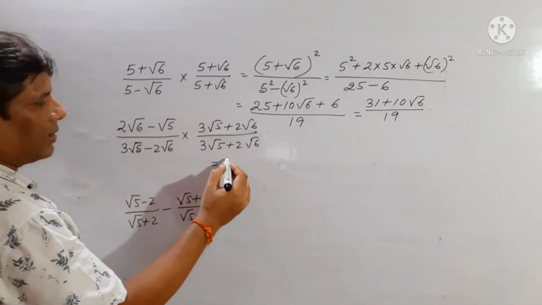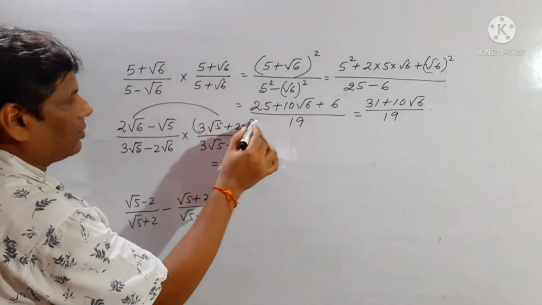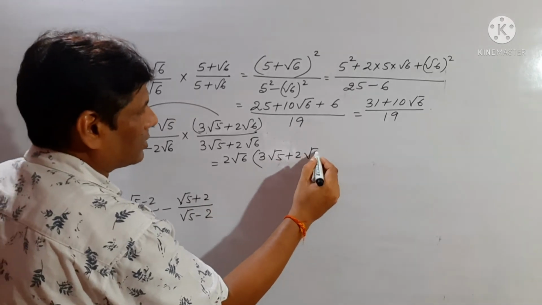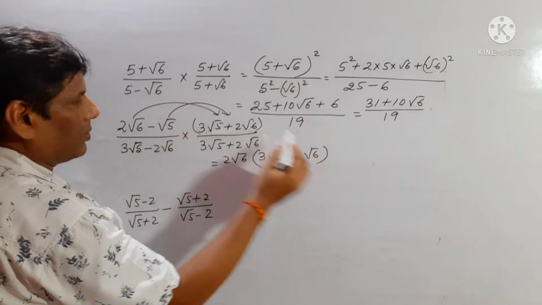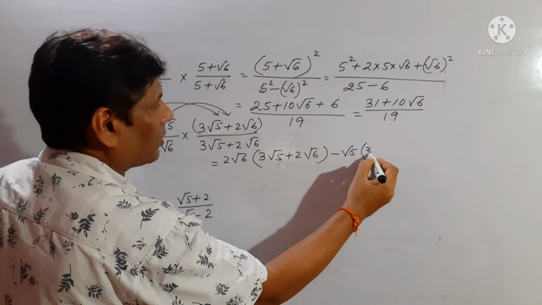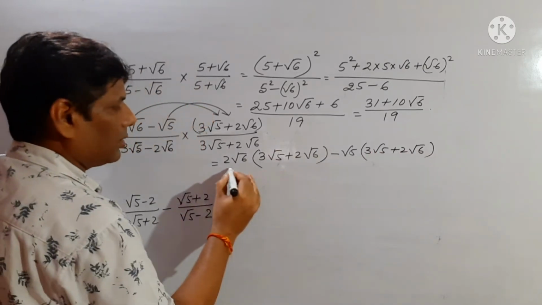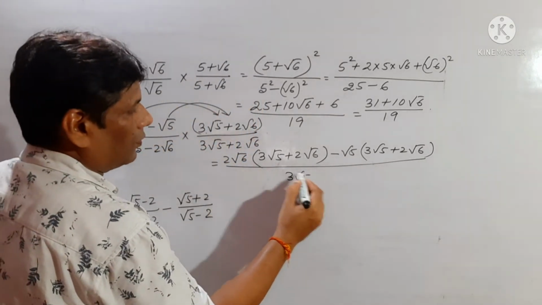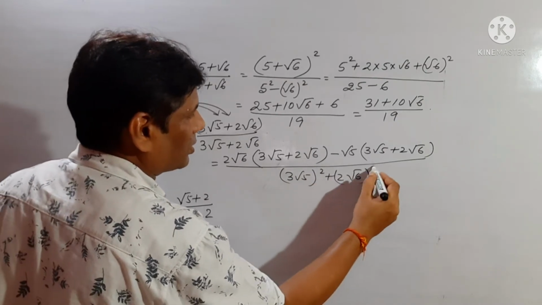So we have to multiply 2 root 6 by this whole number, 3 root 5 plus 2 root 6, and then minus root 5 multiplied by 3 root 5 plus 2 root 6. And in the denominator we have (3 root 5) whole square minus (2 root 6) whole square.